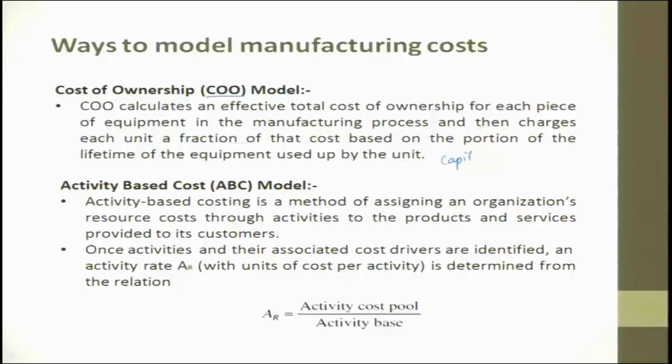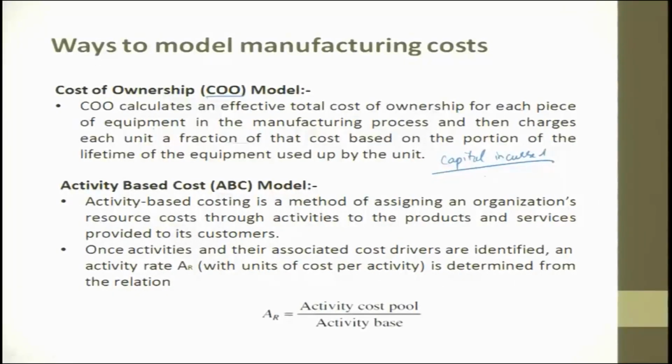So, the tawa's cost is 100 rupees. I divide this 100 by 10,000. So, when I sell this vada, I add that much component into the vada as a cost of ownership, and then I sell it. For example, this is the capital cost I have incurred.